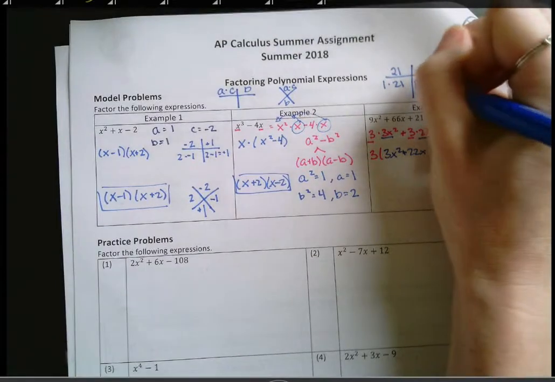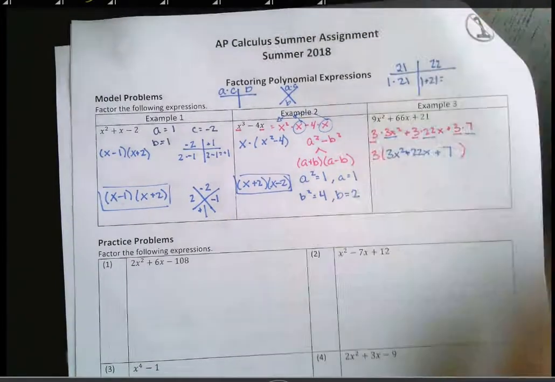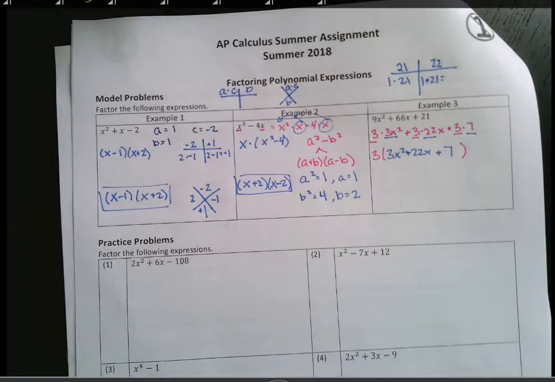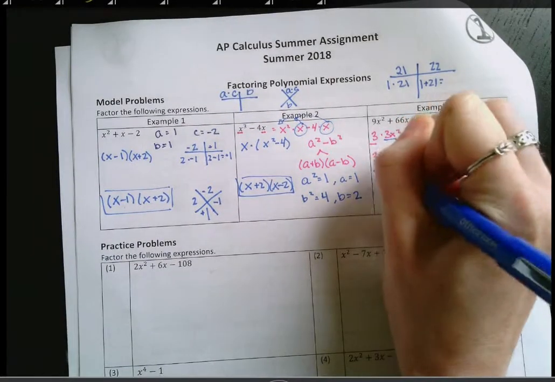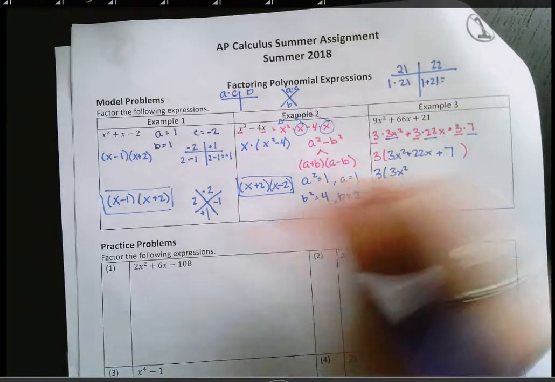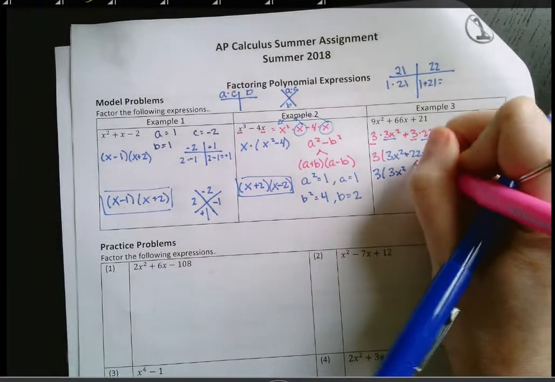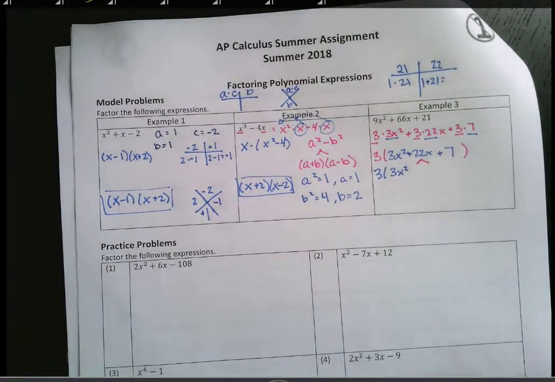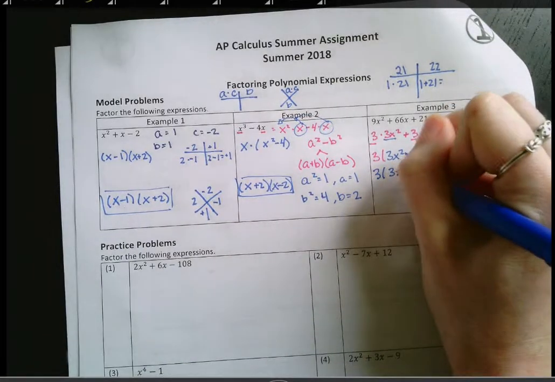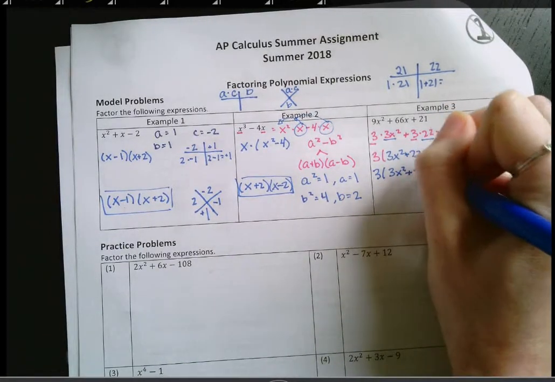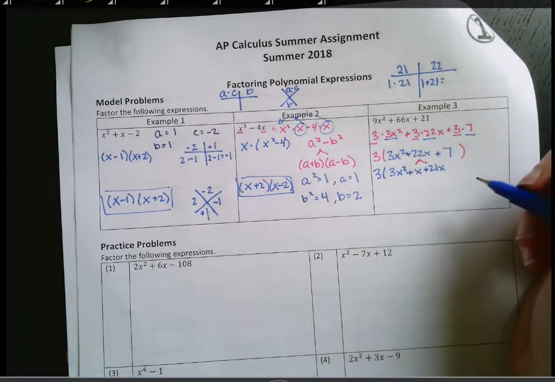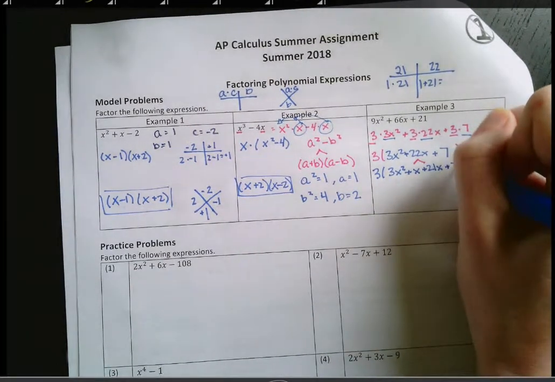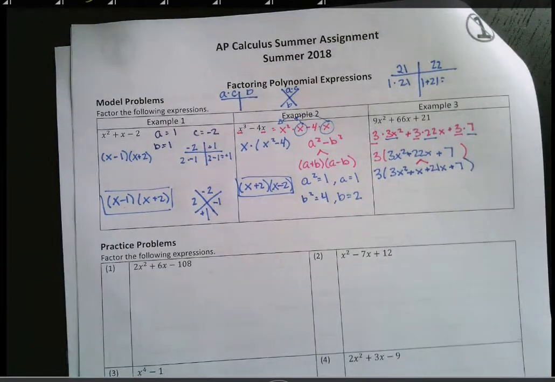So 1 plus 21 is indeed 22. So what we actually do here, though, is we have that 3 times, we keep the 3x squared. What we're doing is we're saying, hey, this 22x can break up into 2 parts, a plus x and a plus 21x. Because really, I haven't actually changed my equation. I'm just breaking that up into 2 numbers that are going to help me factor this.